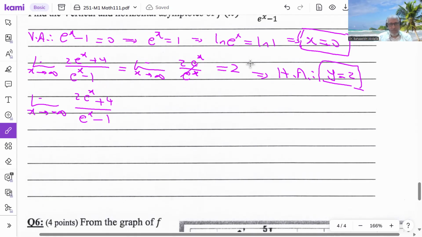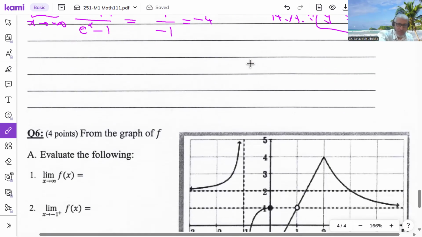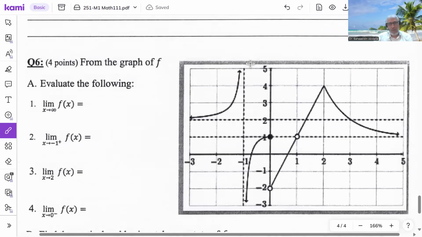But now as x approaches negative infinity, if I replace x by negative infinity, e to the power negative infinity is 0. So I'll have 0 plus 4 over 0 minus 1. So also there is another horizontal asymptote with the equation y equals negative 4. So there are two horizontal asymptotes and one vertical asymptote.